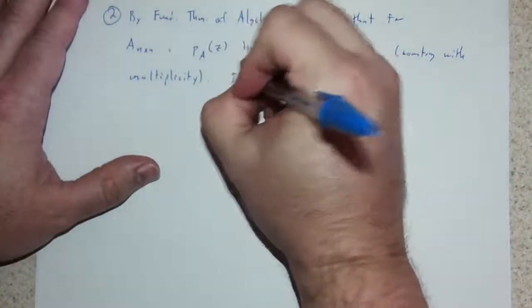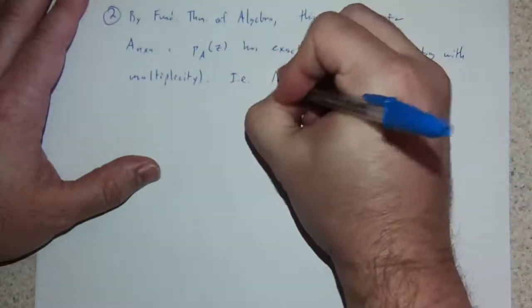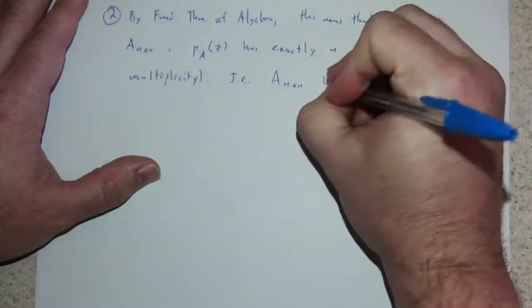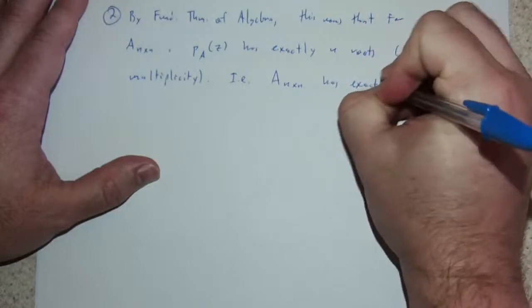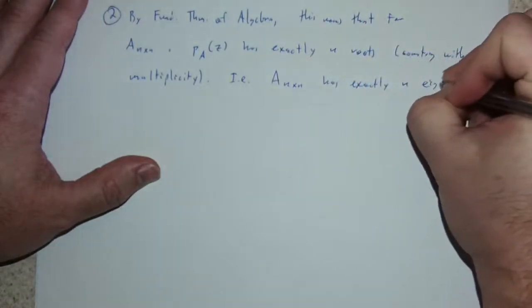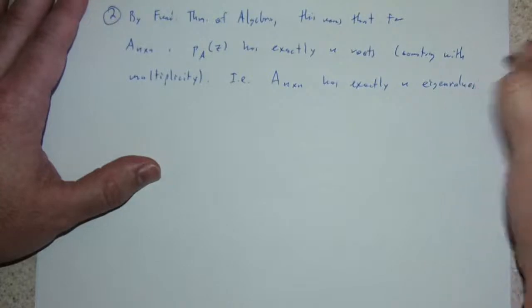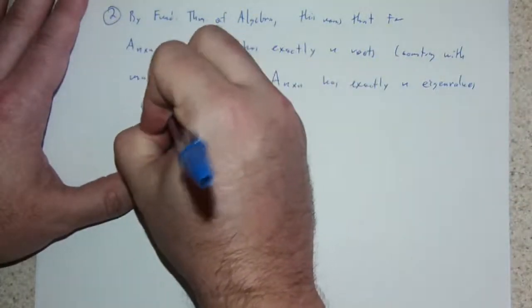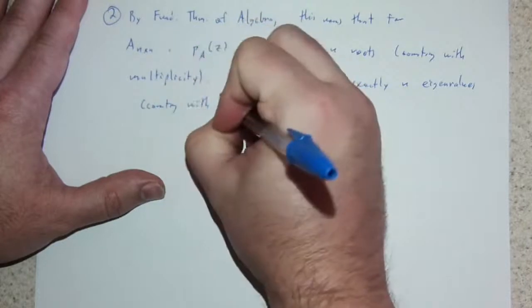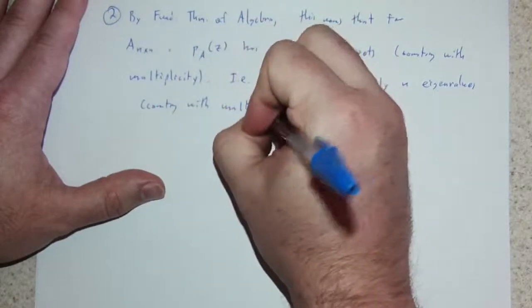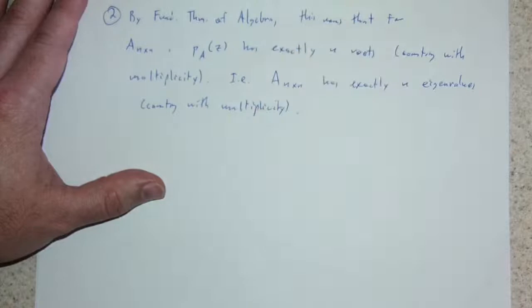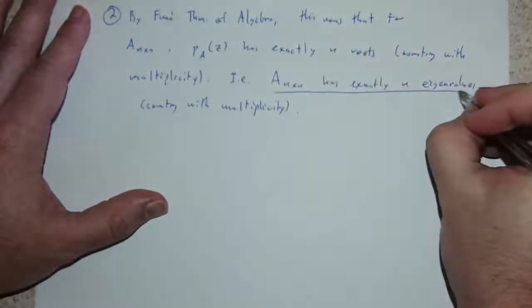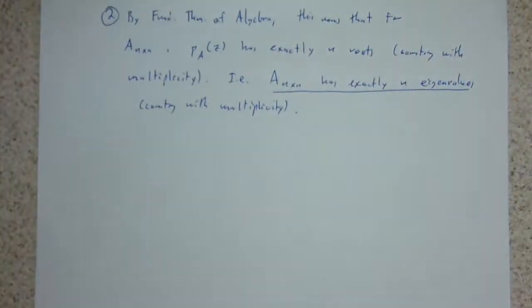I.e., A n by n has exactly n eigenvalues, again, counting with multiplicity. So it is possible for a matrix to have repeated eigenvalues, and this happens exactly when those eigenvalues show up as repeated roots of its characteristic polynomial.